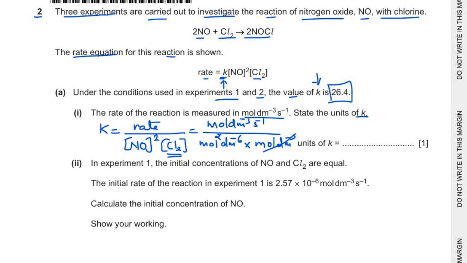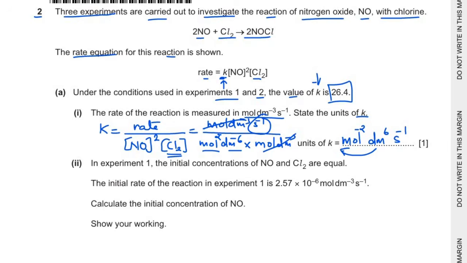So this directly gets cancelled off, and whatever we are left with is this and the second. So we can write the unit of k as mole power minus 2, dm power 6 and seconds power minus 1. You can rearrange this here. dm cube can be written in front and the moles can be written later on, so that all the negative terms can be written together.